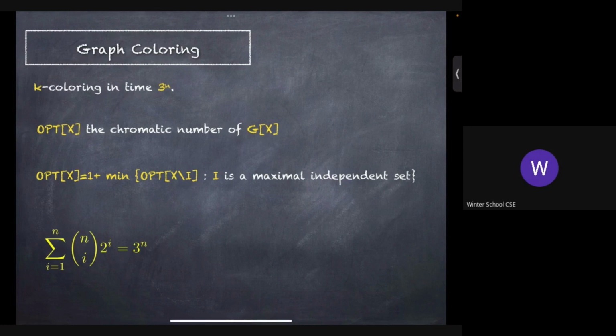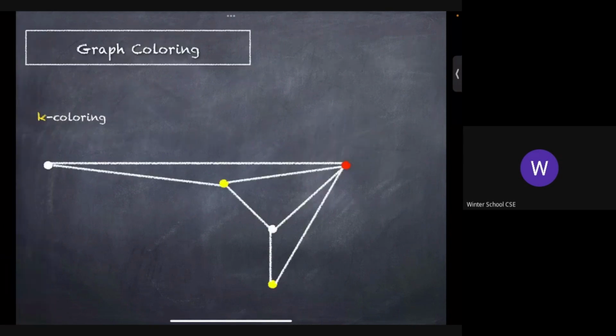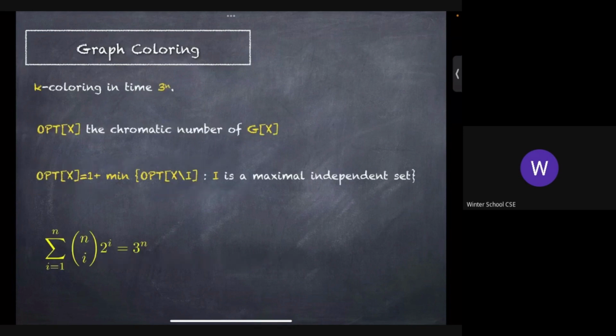Okay, but then what is the running time? So here I go through all subsets and choose I. What I have to keep in my dynamic table is the value for all subsets of the set X. And then for I, I go through all subsets again.